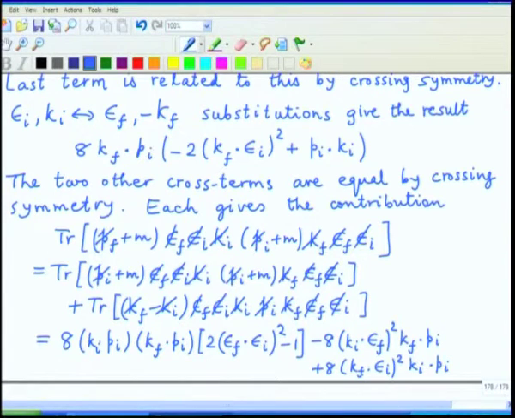and these terms still explicitly obey the crossing symmetry. It can be seen by the same interchanges, and one just has to work them out.